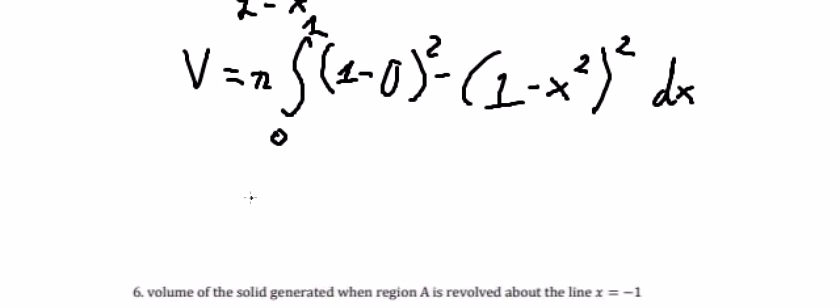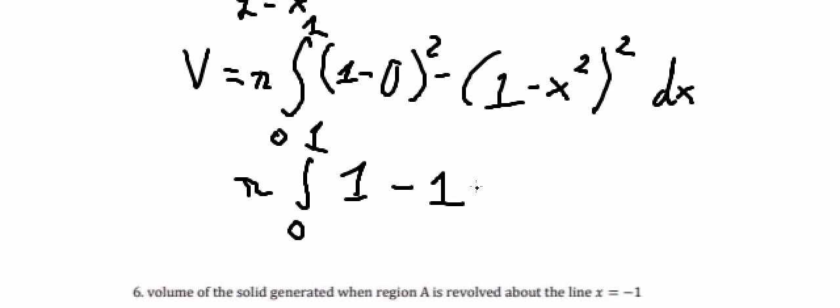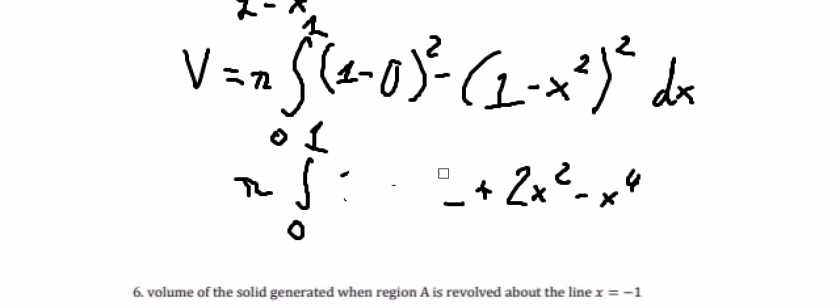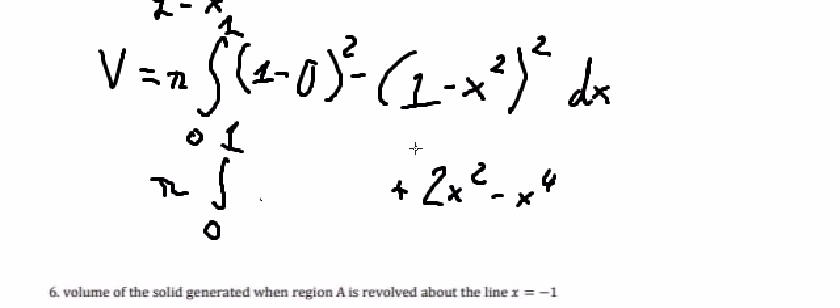So we can calculate this one. One minus one, they will cancel. And now we just have this one left.